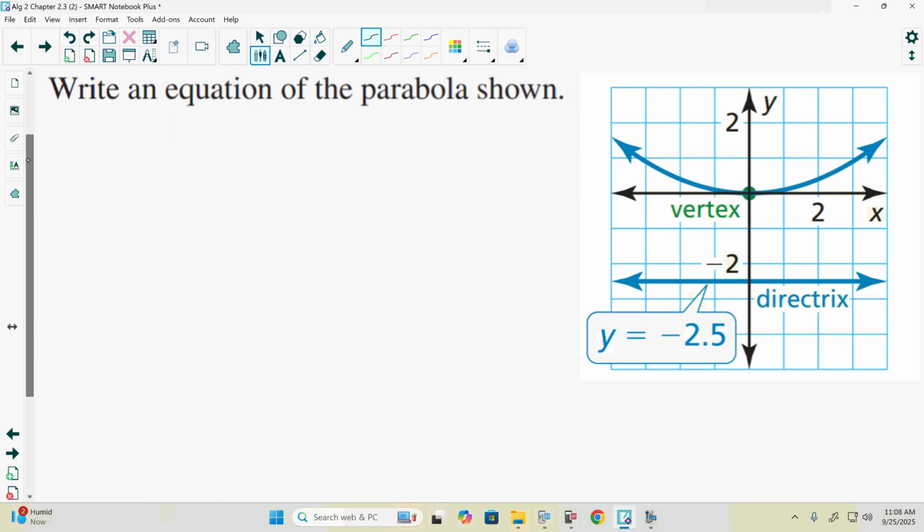Now this one here, they were nice enough to tell us what the directrix equation is. Since they told us the directrix is y equals, we know we're dealing with y equals a times x minus h squared plus k.